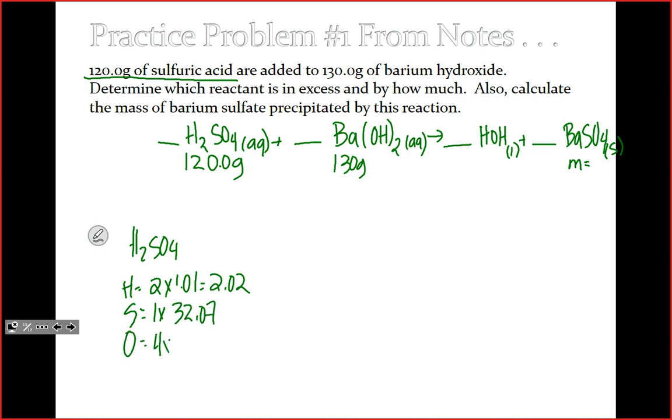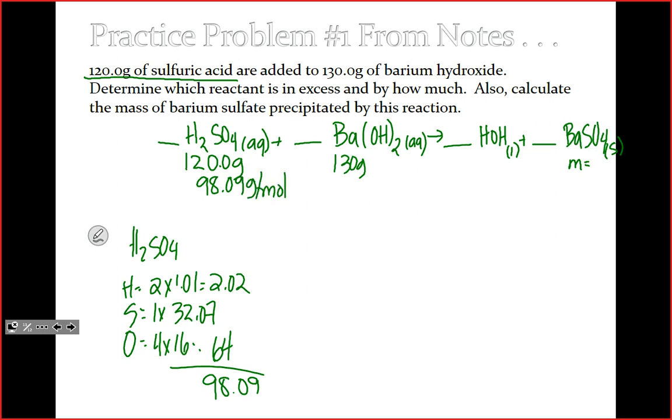Oxygen, 4 times 16. I don't do mental math, so I'm actually going to calculate that out. I knew that's what it was, but I don't trust my brain. Now I'm going to add this all up, and that gets me a molar mass of 98.09 grams per mole.